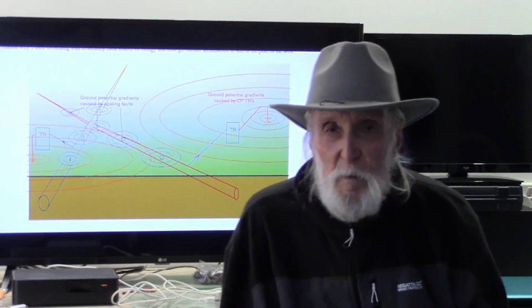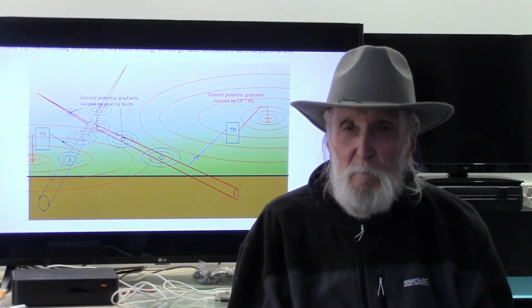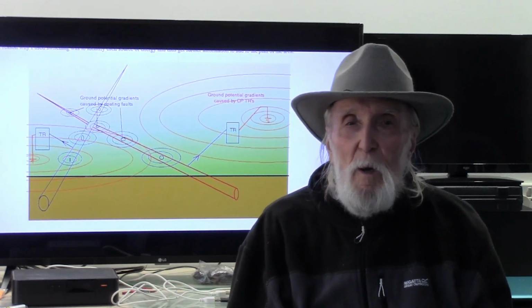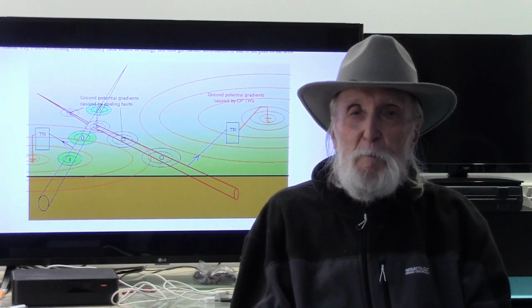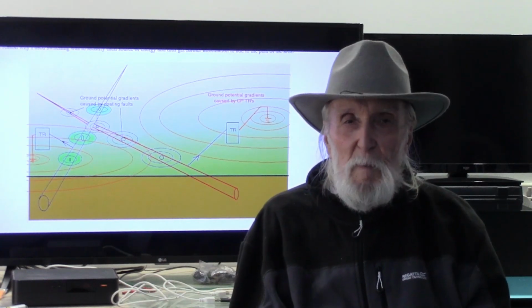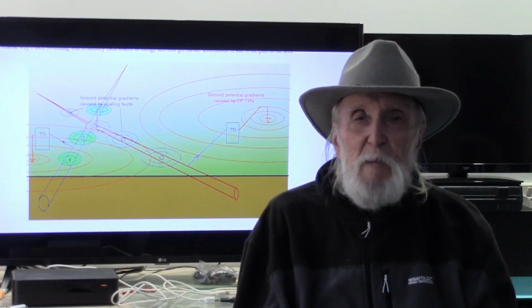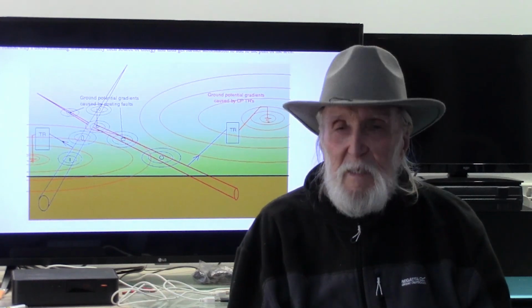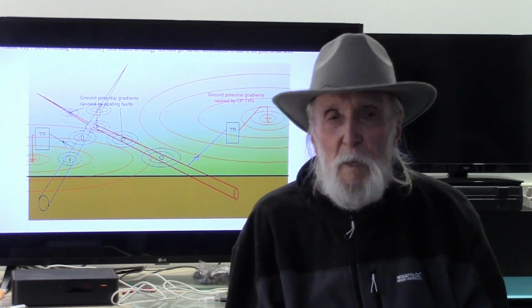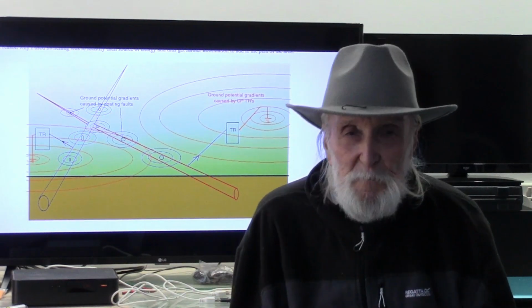However, it will cause errors in the voltage measurements whether or not it is detrimental to the pipeline corrosion performance, because these measurements are not necessarily associated with the pipeline metal.